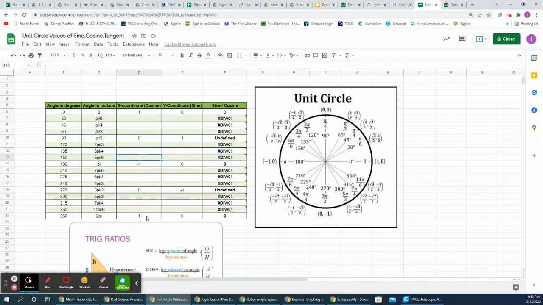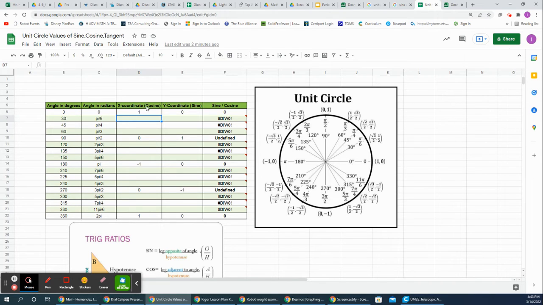That's the step that you are going to do on this one, okay? To make it easier for you and make sure that you understand, the last thing I'm going to do is show you how to do it, and we will do it for 30 degrees or pi over 6 radians together, okay? All right, so here we go.